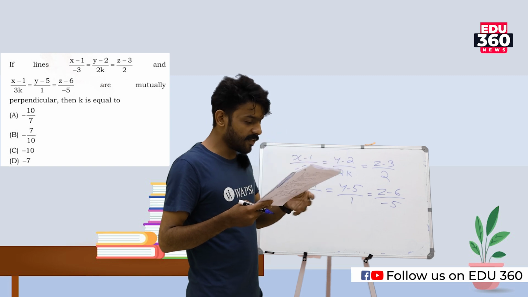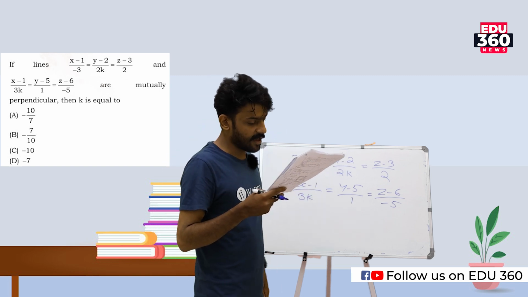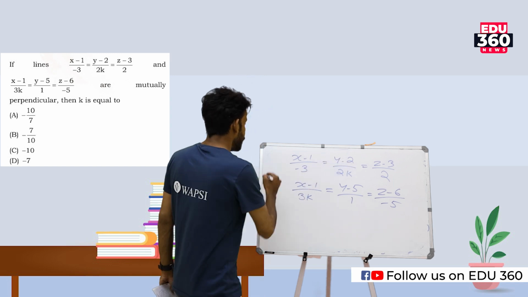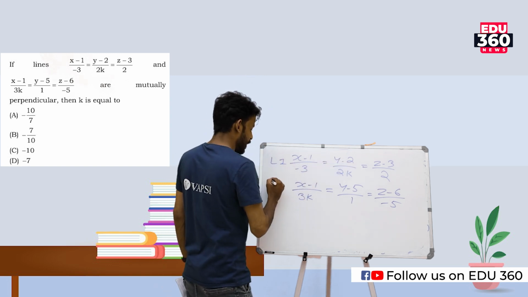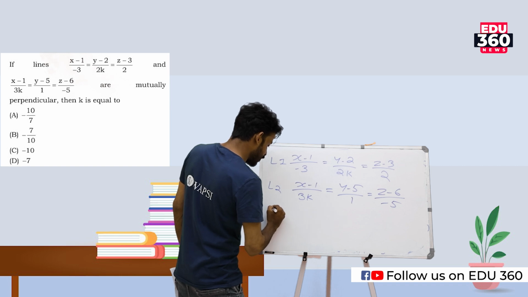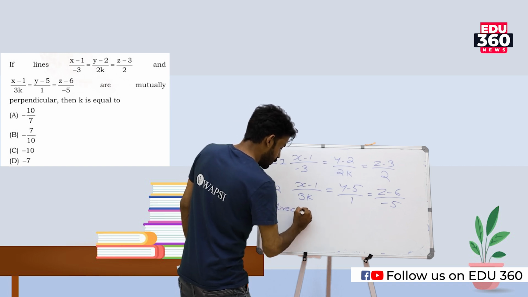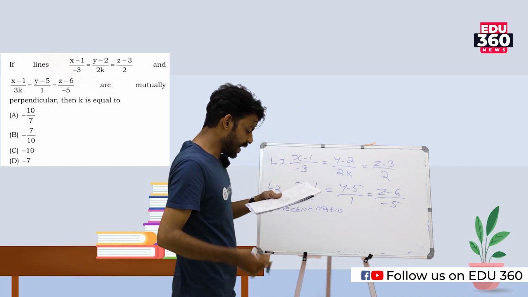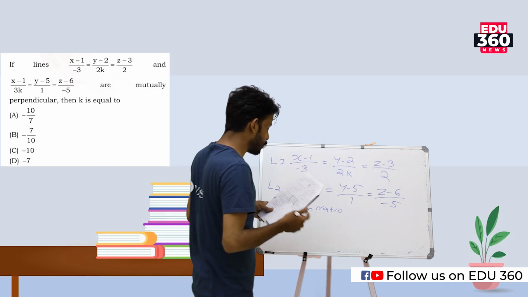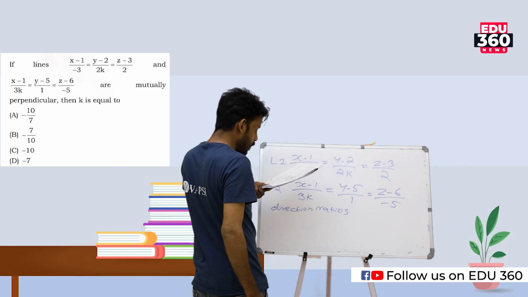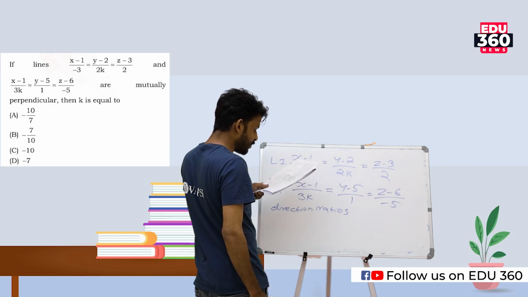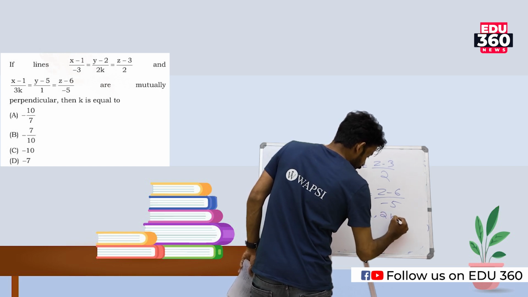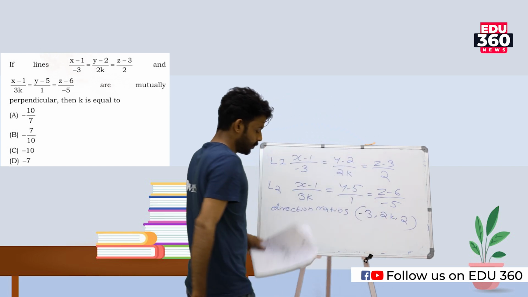So from this, the direction ratios of the first line, we can write L1, L2. The direction ratios of L1 are minus 3, 2k, 2.